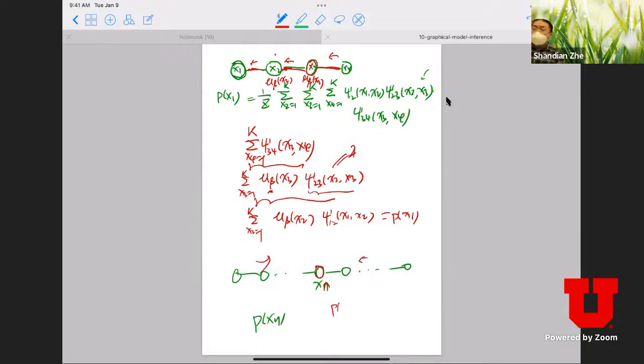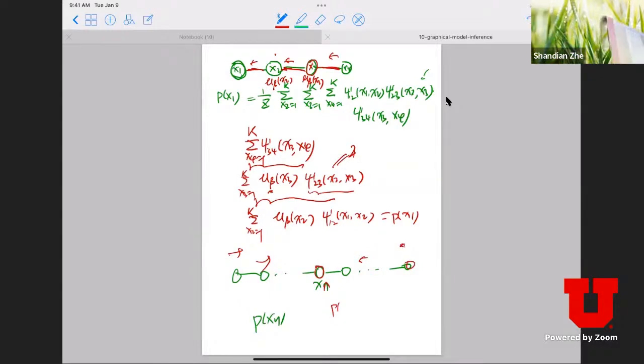Oh, you're talking about the order of the computation of the messages? Yeah, the order will be: I start from the left and calculate messages all the way to the right. And then I start from the right and calculate messages all the way to the left.